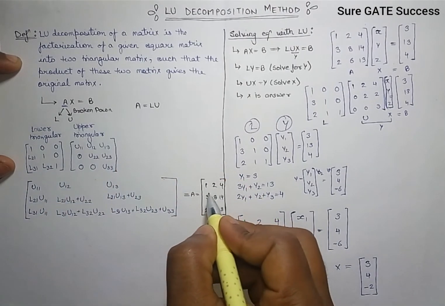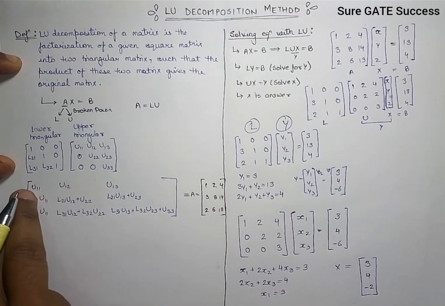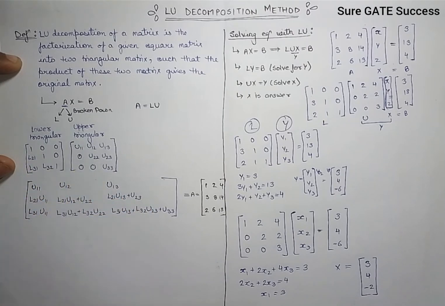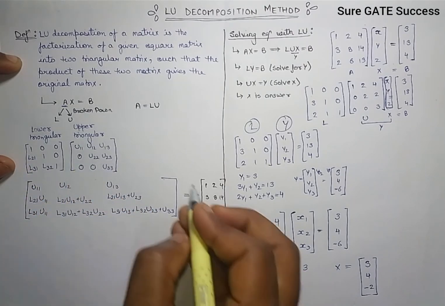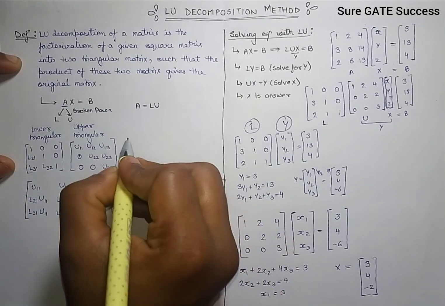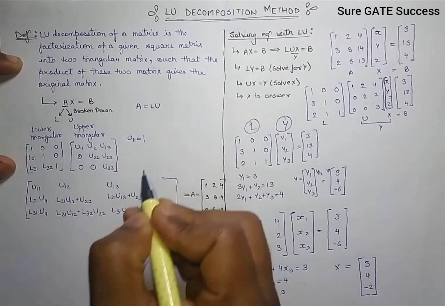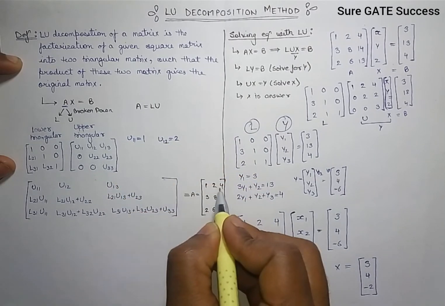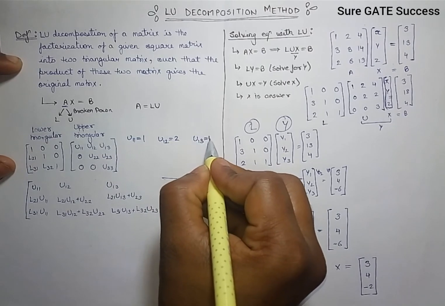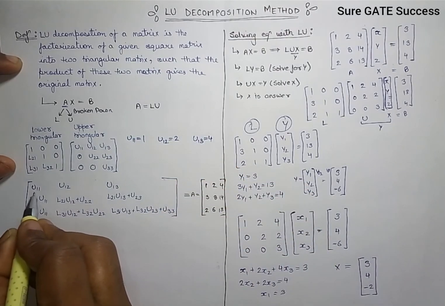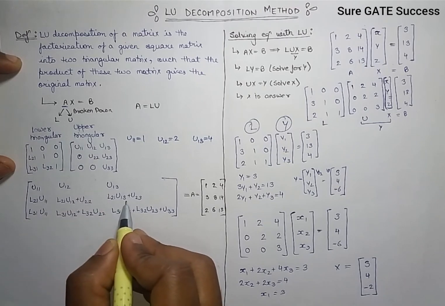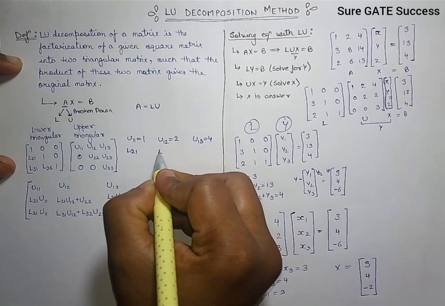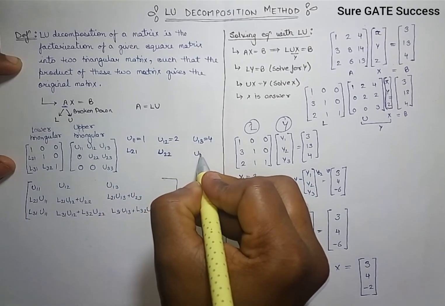I took an example here to figure out the values of u11, u12, u13 so that we can find the lower triangular matrix and the upper triangular matrix. As you can see, u11 is equal to 1, u12 is equal to 2, u13 is equal to 4. If we apply these three values in the second row, you can get the values of L21, U22 and U23.